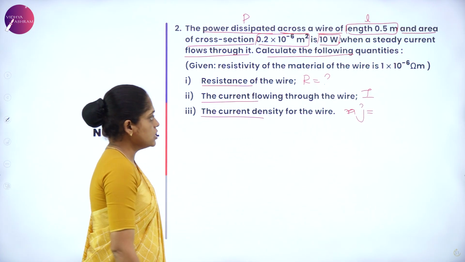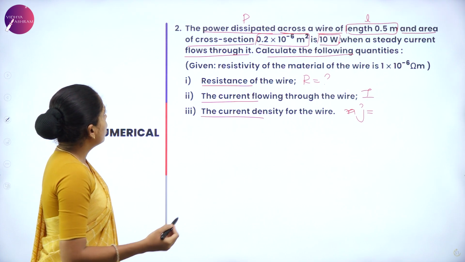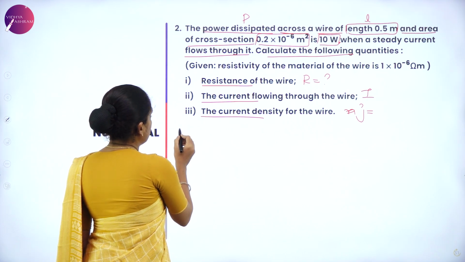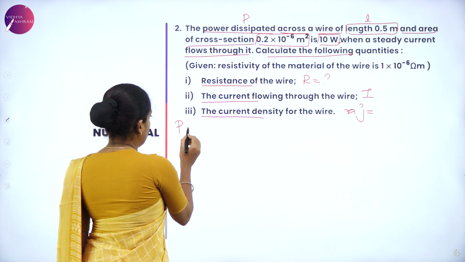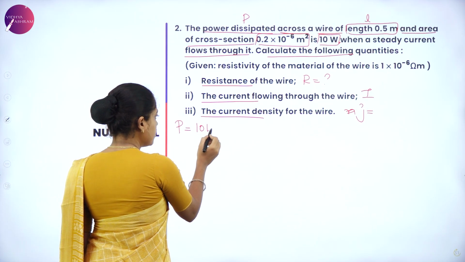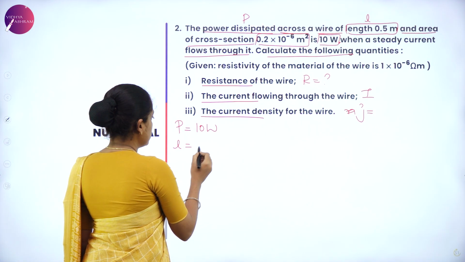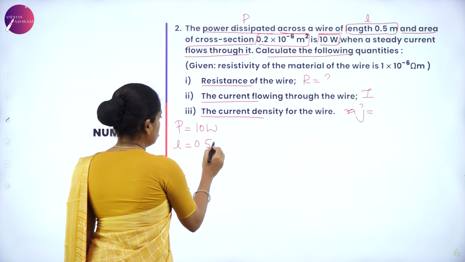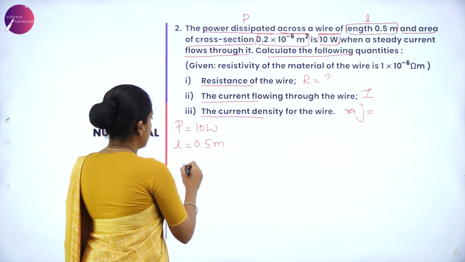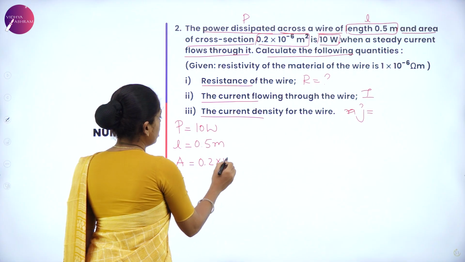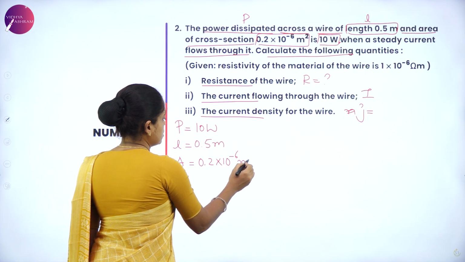Current density J. Yes. To calculate this, let us write the data. Power P is 10 watt and length of the wire is 0.5 meter. Then area of cross section is 0.2 into 10 power minus 6 meter square.